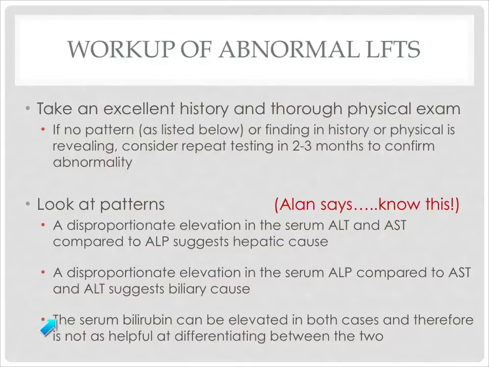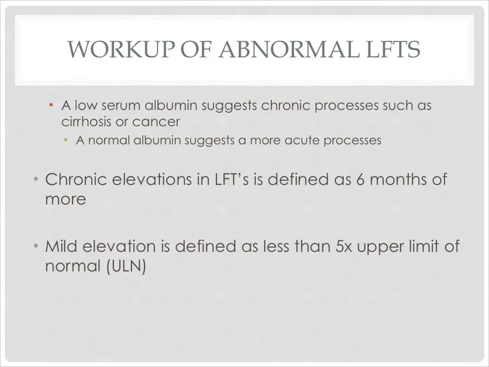Now, in both cases here, a serum bilirubin can be elevated, and so it's not really helpful in differentiating between the two. So ideally what you're looking for are these two patterns here, and I left you a little love note here that says you need to know these. That's very important.